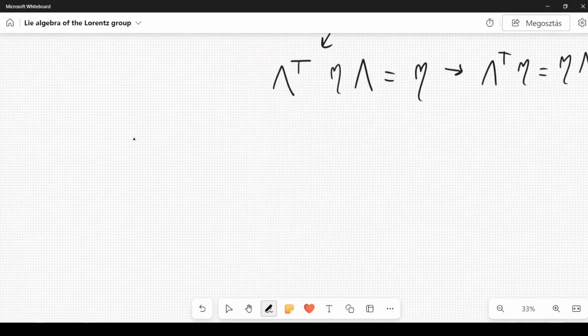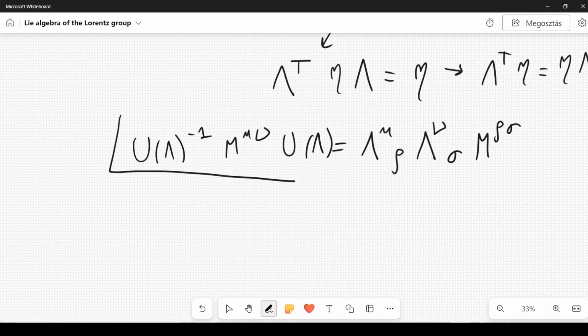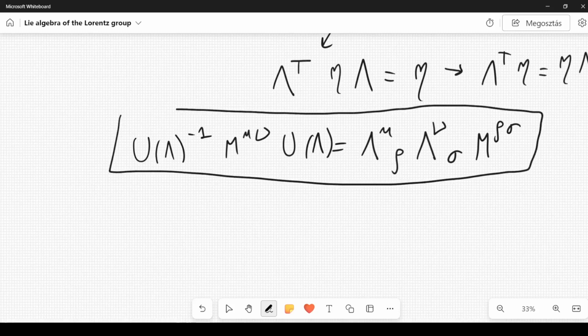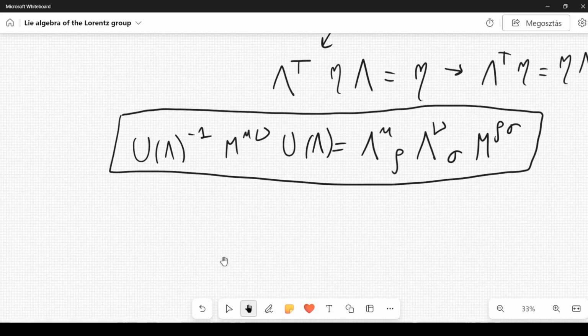So you get U of lambda inverse M mu nu U of lambda equal to lambda mu rho lambda nu sigma M rho sigma. And this is an important relation. In the subsequent part of the video, I will show you how to derive, starting from this expression, the Lie algebra of the Lorentz group.